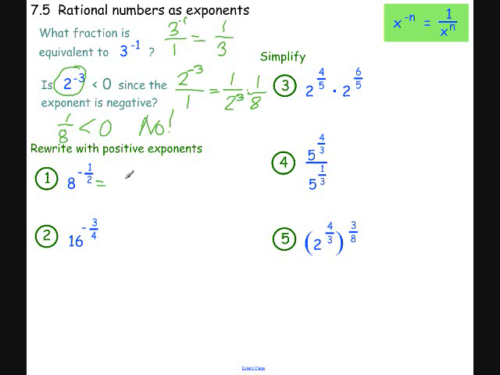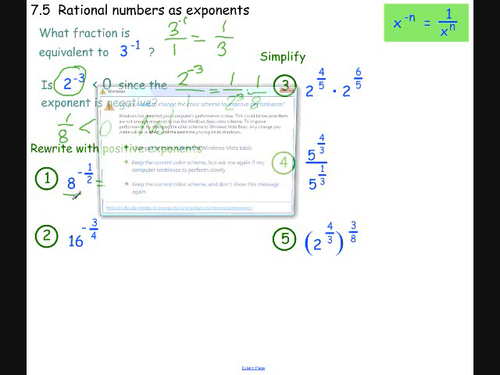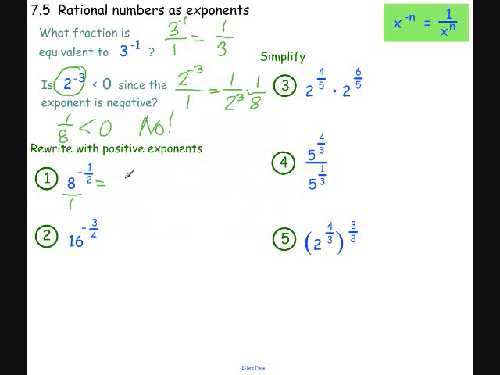Rewrite with positive exponents. So I have to think of this as a rational expression that is being raised to the negative 1/2. That would become 1 over 8 to the 1. Let's see if I can write this small enough.